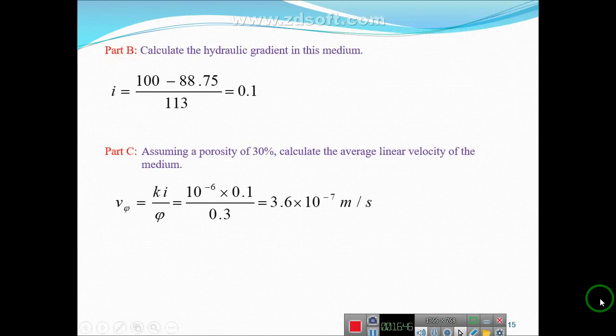In part B of the example, we calculate the hydraulic gradient in the aquifer medium.